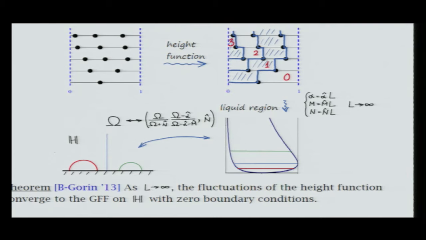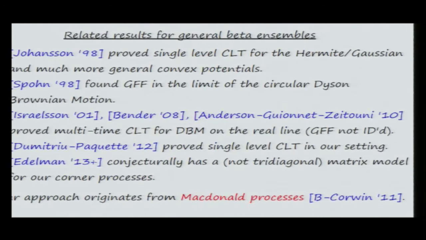Now, in this situation, I don't know of any a priori explanation of why it should be the two-dimensional Gaussian free field. If for GUE I can come up with the representation theoretic story, quasi-classical limit, whatever, here I don't know. Still, the result gives the same universal object.